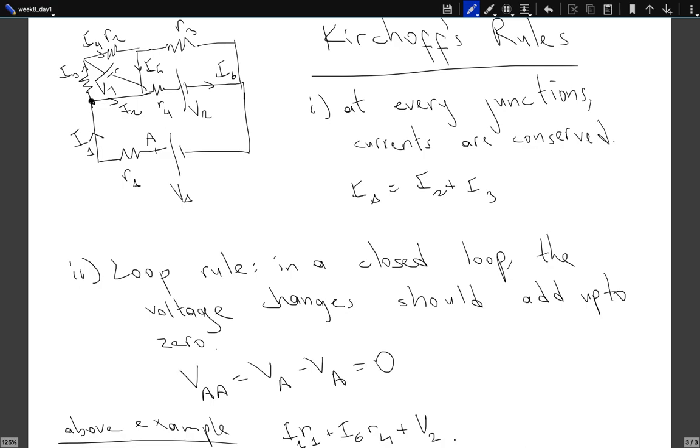Then from this point to this point, what is the potential drop? V1 or minus V1? Well, you see, we are just summing the potential drops all along. But this battery, this terminal is the positive terminal. This is the higher potential. This is the lower potential. So since I am calculating the potential drops, the potential drop from this point to this point is minus V2, minus V1.